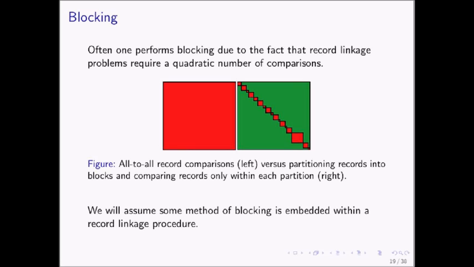If you look at the red space on the left, if I think about a record comparison being one pixel on the screen, that comparison of just one pixel is a very costly comparison. And if I keep adding all of those up, I get this entire red space. And that's bad. That's going to be quadratic.